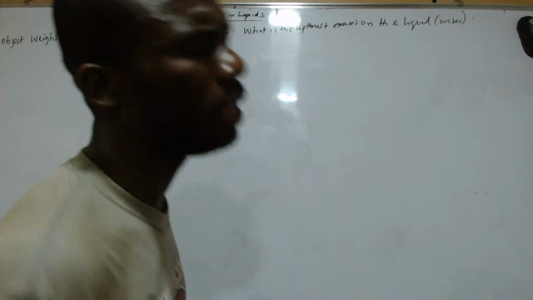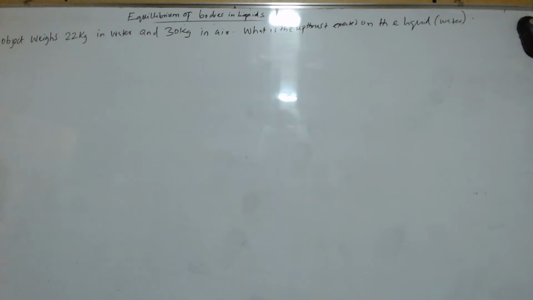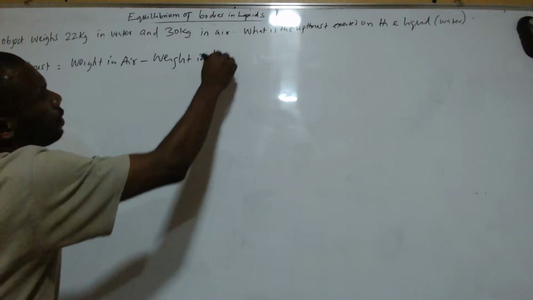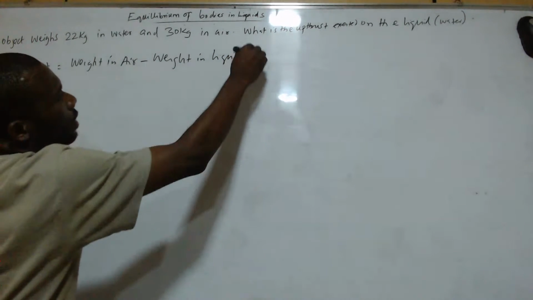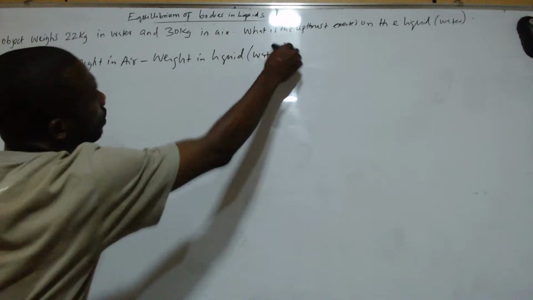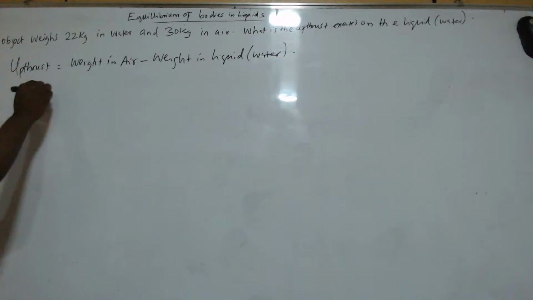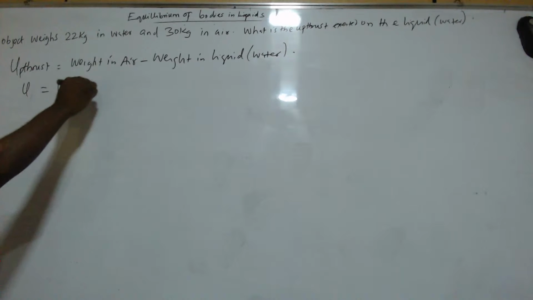Now, first of all, as we all know, upthrust in liquid, which in our case is water, means that upthrust U will be W1 minus W2.